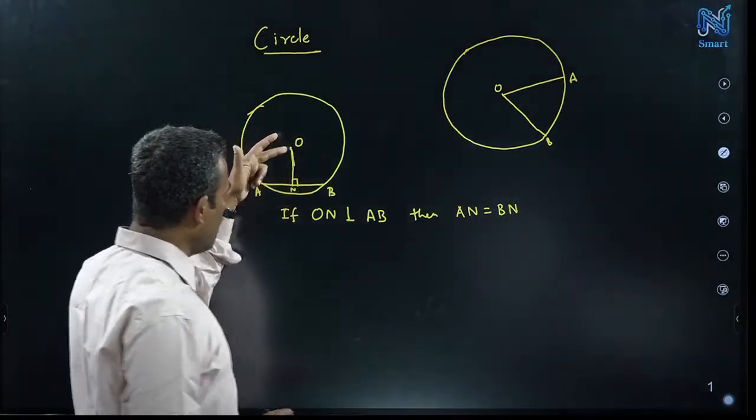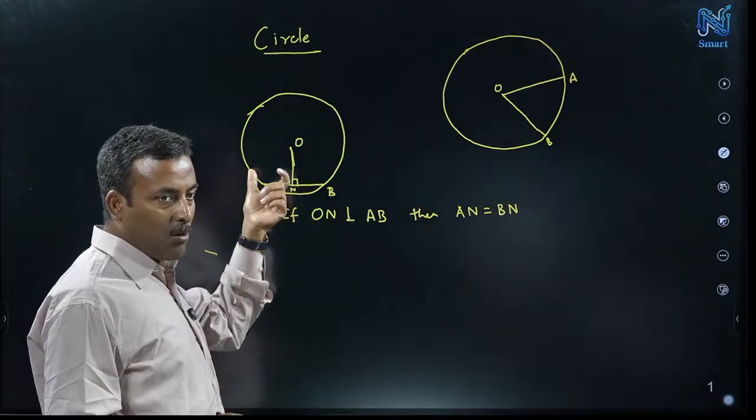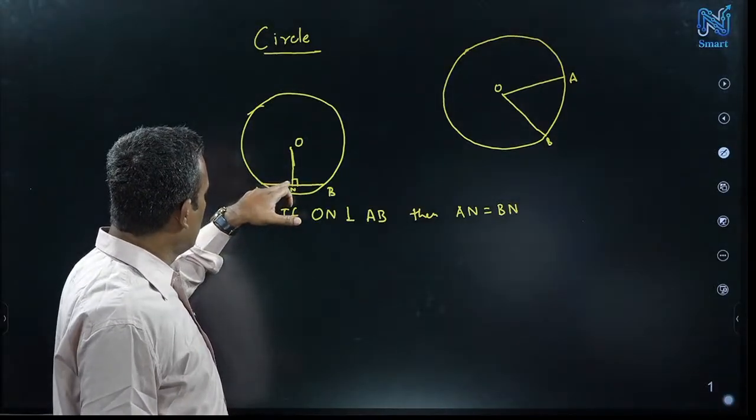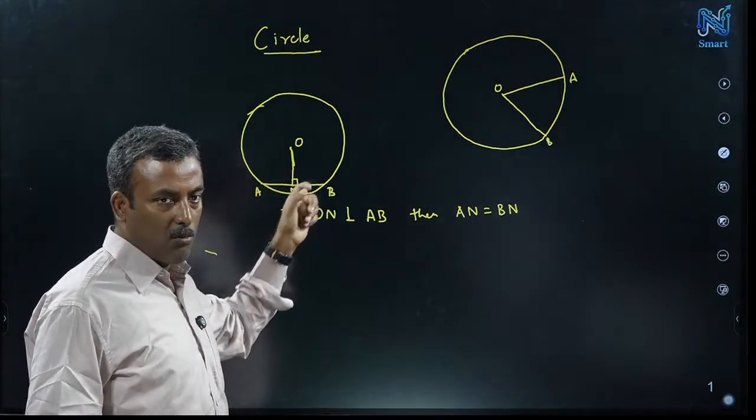This proof is easy: you just join OA and OB, and by congruency, one side is common, the other side is also common, RHS, right, one RHS.